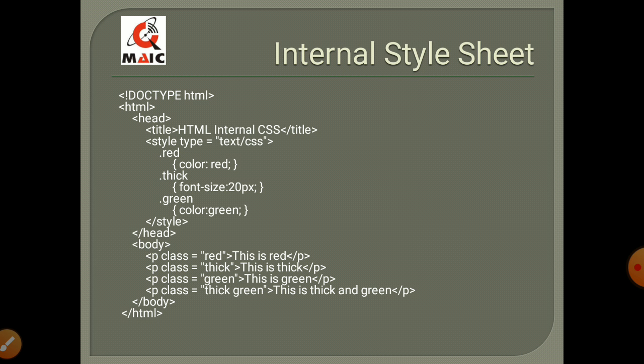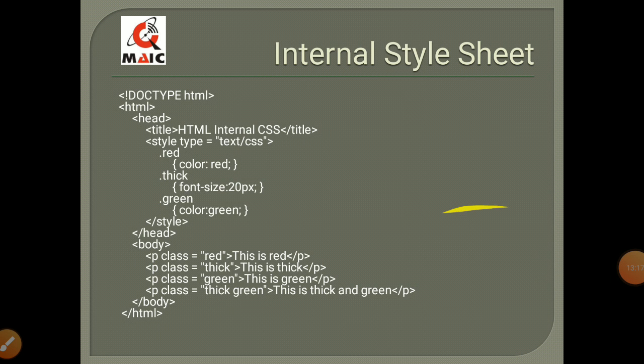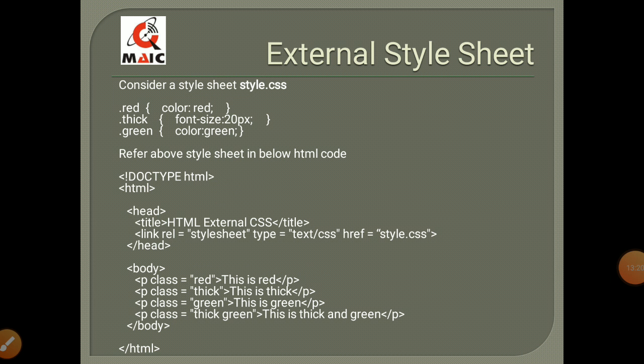Now the last was the external style sheets. In external style sheets, as I mentioned, we have to create a separate CSS file, and in this example we have named it style.css, in which we have mentioned these three classes.